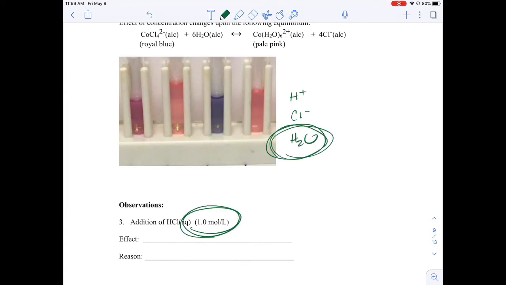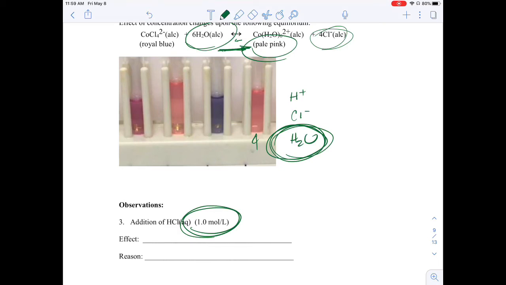So we're adding a lot more water this time than chlorides. The chlorides are going to make it shift this way, but because there aren't very many of them, the effect of the water is actually stronger, and you can see that this becomes more of a pink color. By adding more water, it's shifting more to become that pale pink color, even though we're adding a few chloride ions.